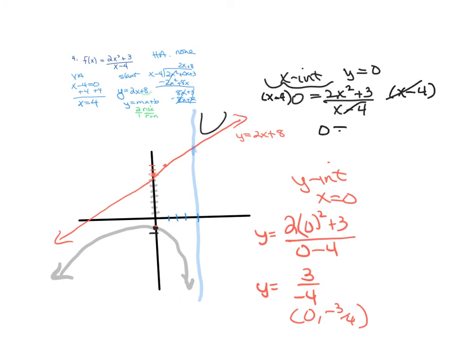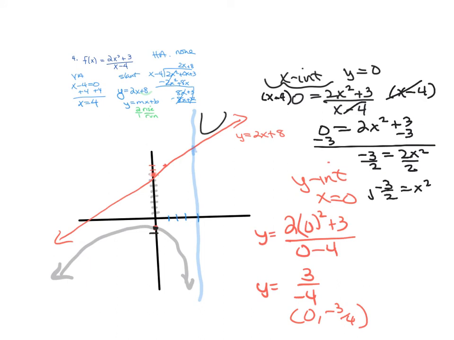This cancels. I'm going to move the 3 over. Negative 3 equals 2x squared. Divide by 2. Negative 3 over 2 equals x squared. Notice when I try to square root it, this is going to give me an imaginary number. So this has no x-intercepts.